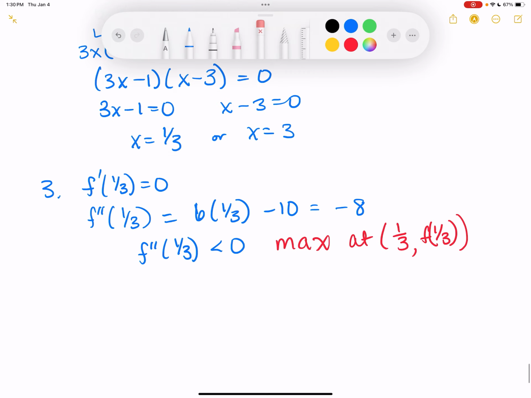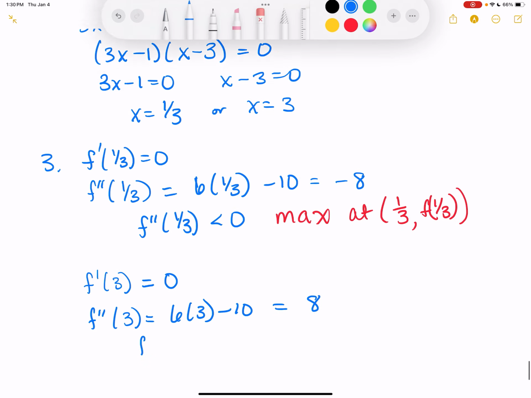So I'm going to now do the exact same thing, but for 3. I'm going to write it the same way just for visual reference. So the derivative at 3 is equal to 0 according to what we just found up top. So the second derivative at 3 is equal to 6 times 3 minus 10, which is 8.